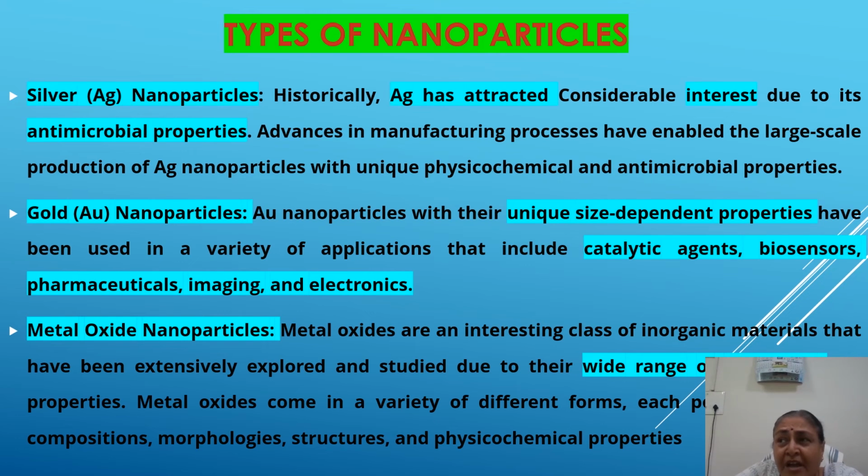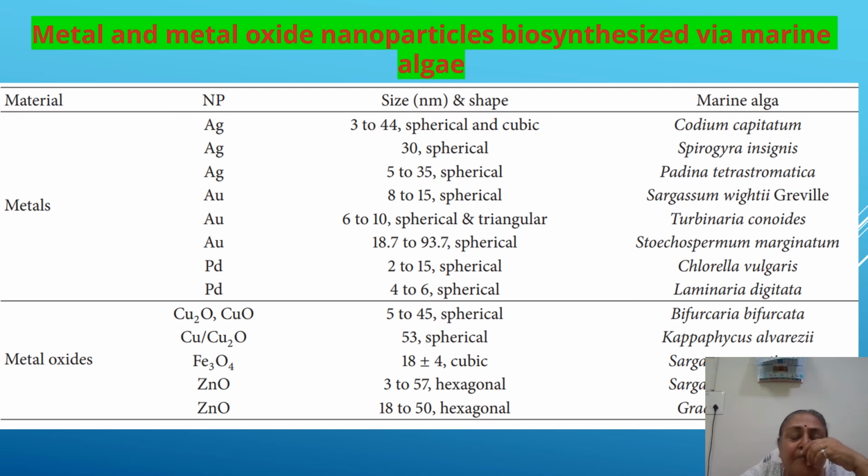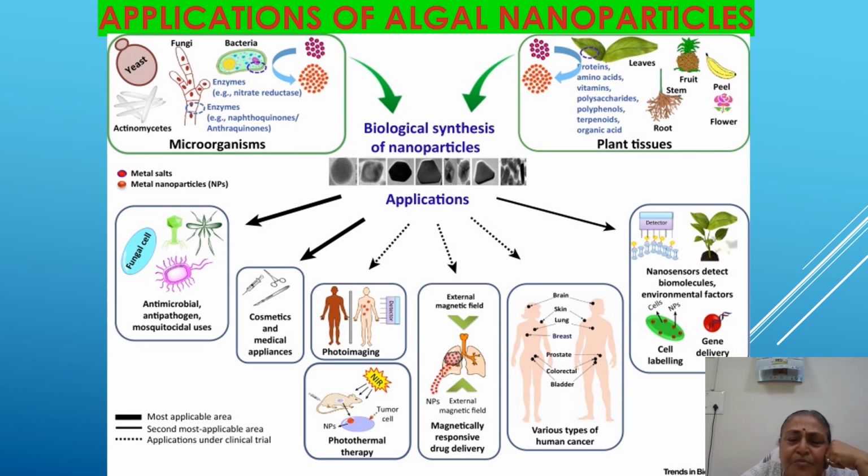They are a very good source for obtaining all these kinds of nanoparticles, and they have great value in synthesis. These are some algal groups which have been explored in the synthesis of various metal-based nanoparticles. Also mark that Codium, Padina, Sargassum, all these brown algae are more useful in synthesis.